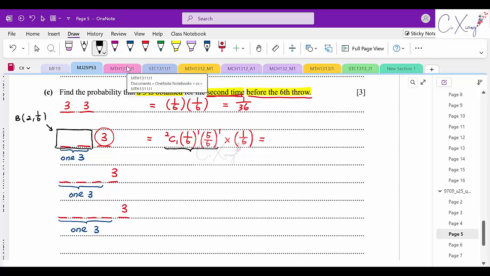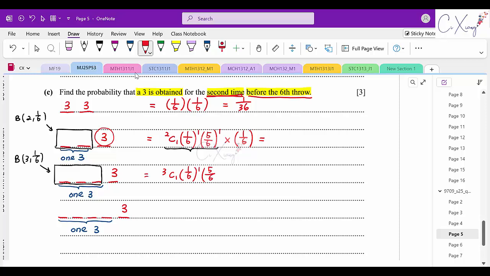Okay, then for the third case, it is also the same. The first 3 throws here, you can also treat as a binomial distribution, where it should be B(3, 1 over 6). You have only 1 3 in the first 3 throws, therefore it should be 3C1, multiplied with 1 over 6 power 1, then 5 over 6 power 2. Then the last row, again, is still a 3, so it should be 1 over 6.